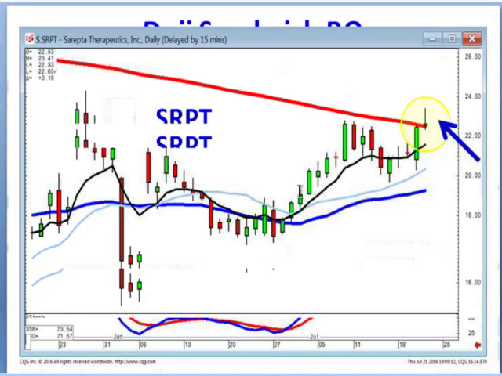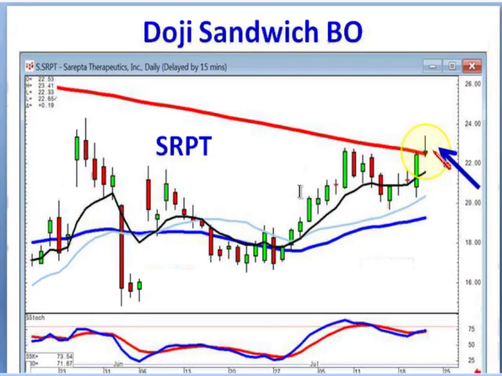Number one, we can assume that it's going to move in the direction how they open after a doji, which means they're trading positive. And two, if it moves the same magnitude as this, creating a doji sandwich, what that tells us about our resistance level? It's not there anymore. We're now in wave 3.